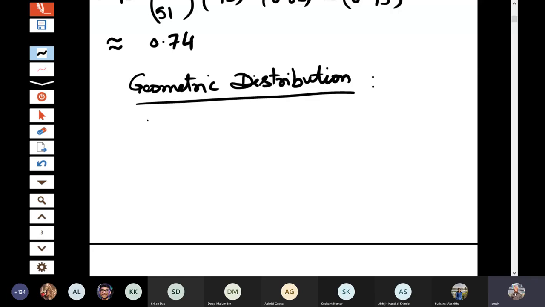So here the Bernoullian trials are conducted, but the random variable has been changed compared to the binomial distribution.